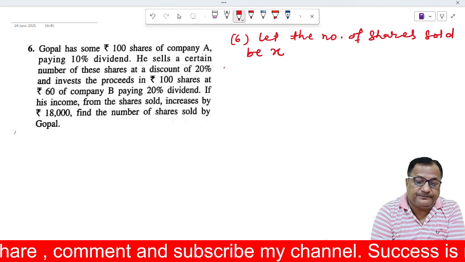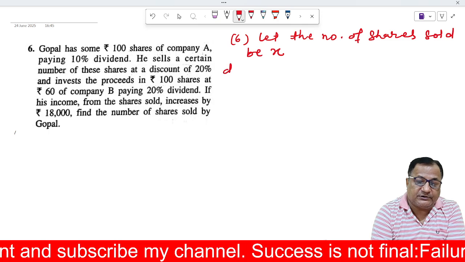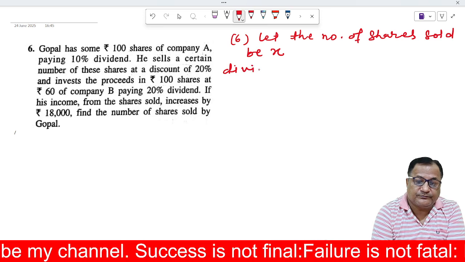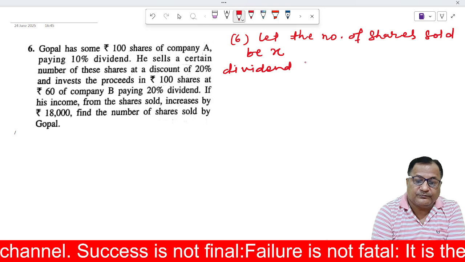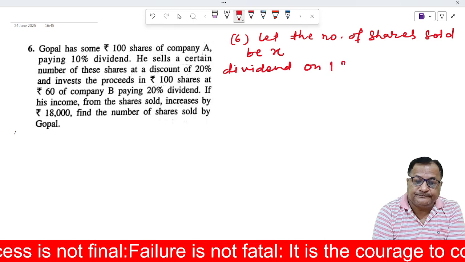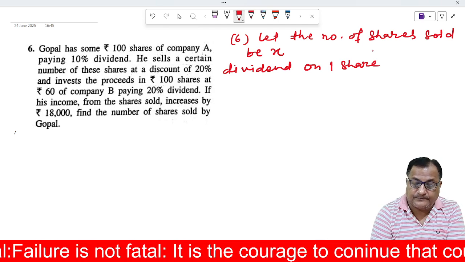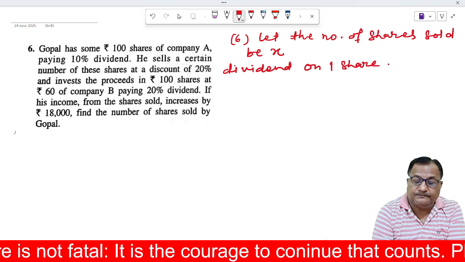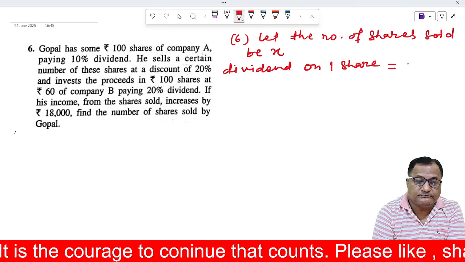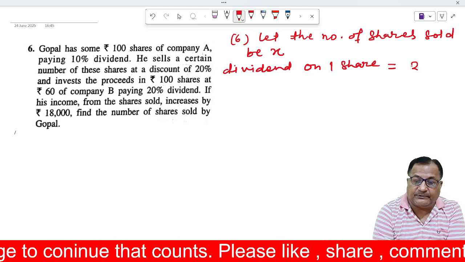So dividend. First we will find the dividend on a share. Paying 10% dividend, or rupees 10.